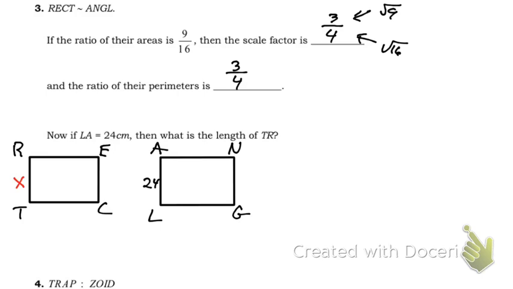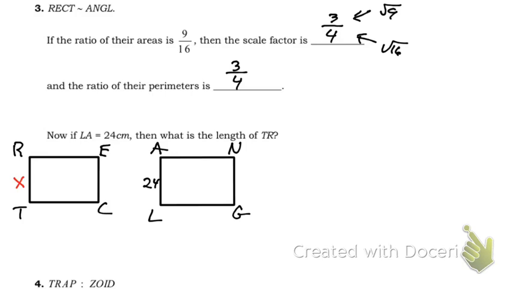Well, our length and perimeter ratio is 3 over 4. The 3 and the 4. So we said the ratio of their areas is 9 to 16. That means the 9 went with rect, 16 went with the angle. So 3 goes with the rect, 4 goes with the angle.